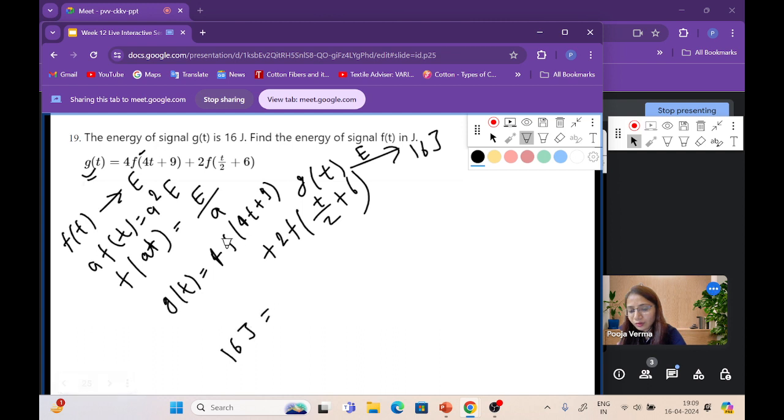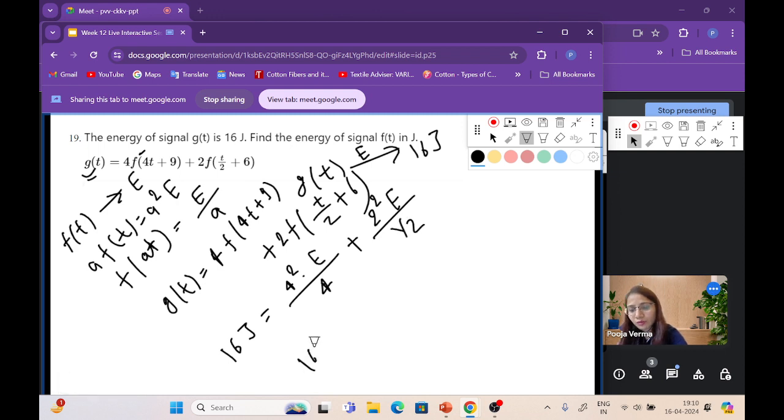Now in the previous one, also A square E by B. So 4 square, and the energy of f(t) is represented by E divided by B, that is 4 plus that is 2, that means 2 square E. Here B is given as 1 by 2.